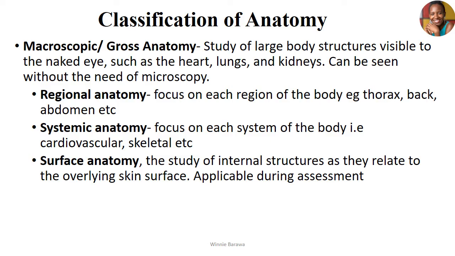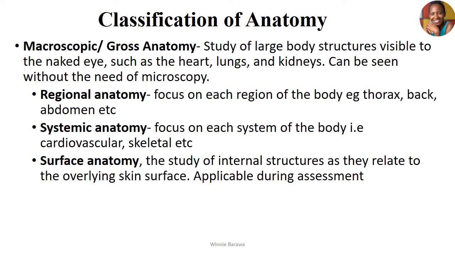These are different regions. So if you want to study the body structures based on the different regions of our body, that approach of anatomy will be called regional anatomy. The second one, known as systemic anatomy, is where we are studying anatomy but focusing on each system of the body. That's why we call it systemic, from the word system.